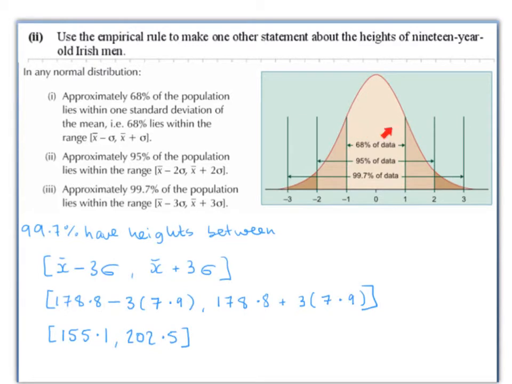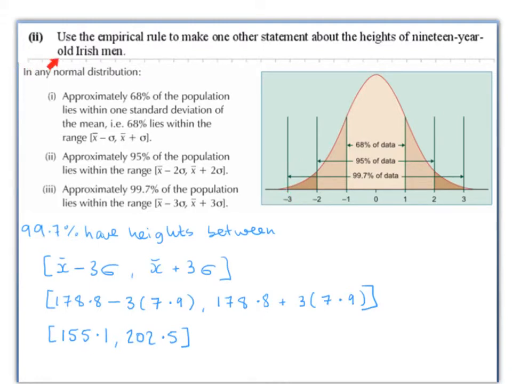If it said 68%, you would add 1 times the standard deviation, so basically just add on the standard deviation to the mean, and subtract 1 standard deviation from the mean. And if it said 99.7%, you would add 3 times the standard deviation to the mean, and you would subtract 3 times the standard deviation from the mean.